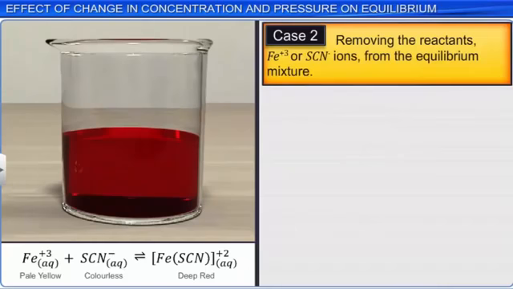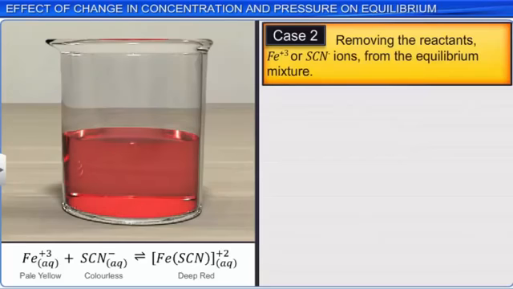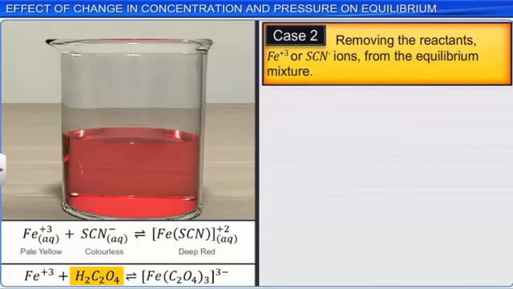You can see that the intensity of the red color of the solution decreases and the solution turns pale. Why does this happen? Oxalic acid reacts with Fe+3 ions in the equilibrium mixture and forms a stable complex, trioxalate ferrate(III) ion.